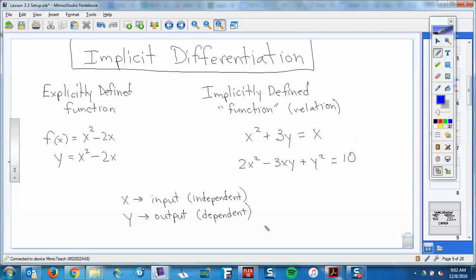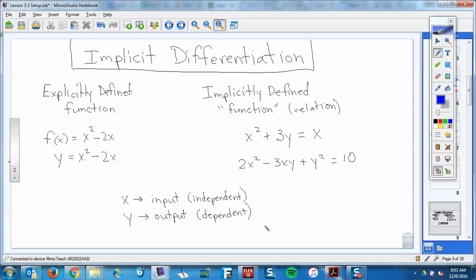To imply something means to not say it directly. It means it's not directly stated.